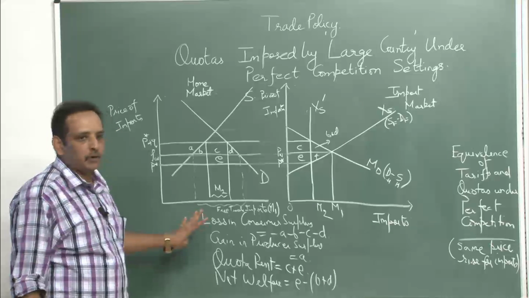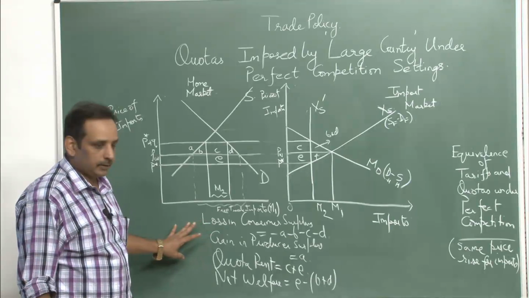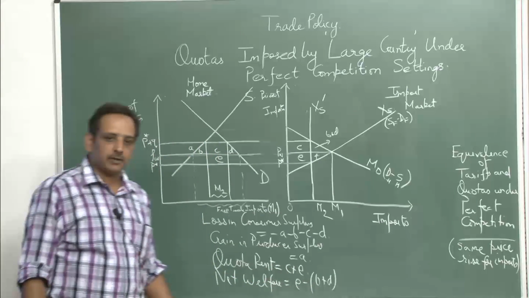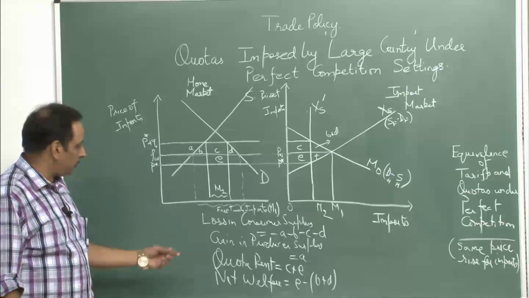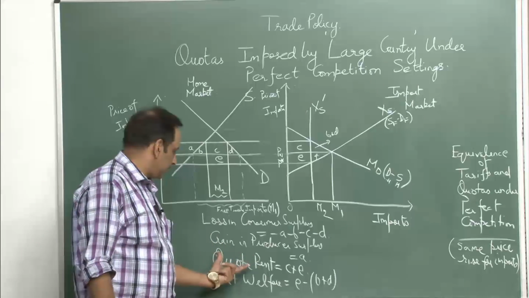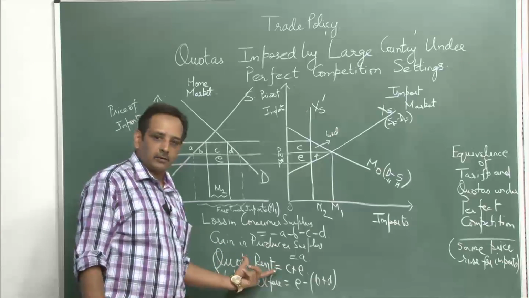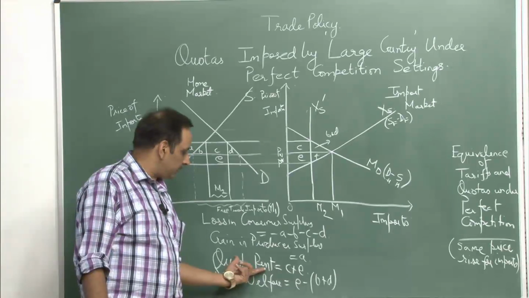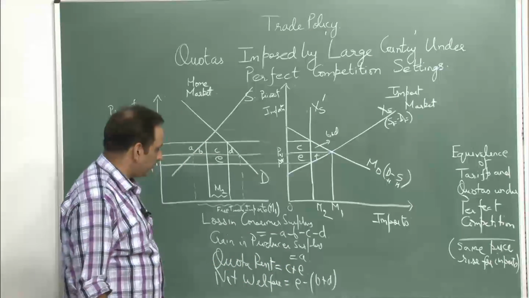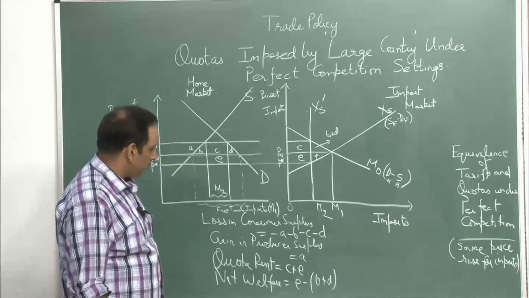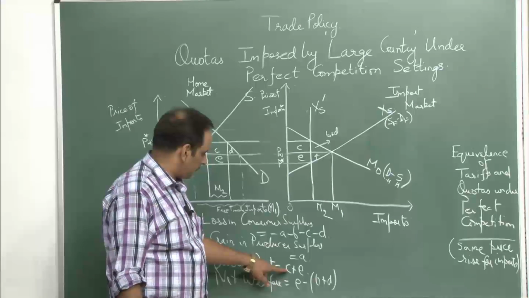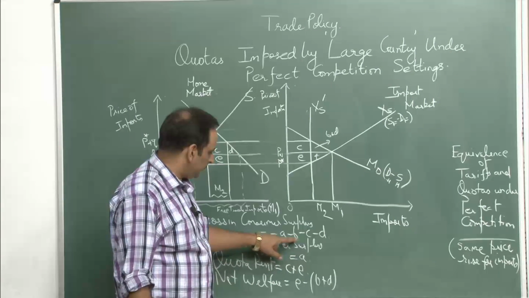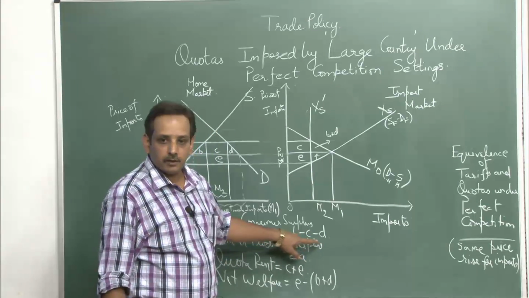Now, there are three possibilities. One, the net welfare is E minus B plus D, but there is always a possibility that these quota rents get lost in corruption, in rent seeking. So, you are left with only minus B minus D. Okay.